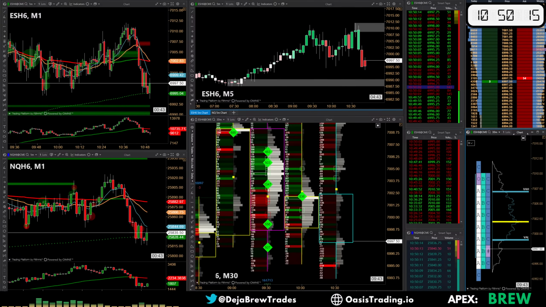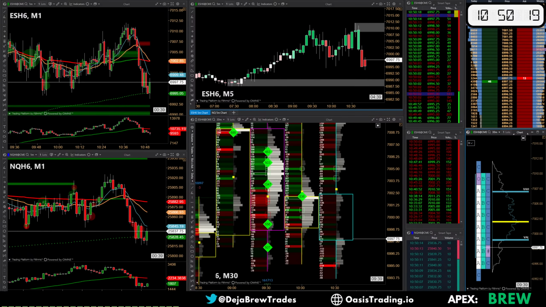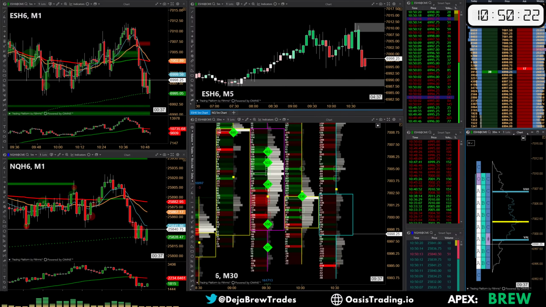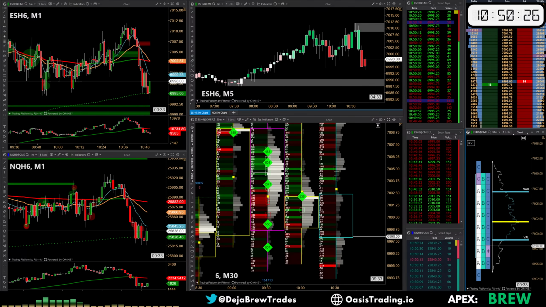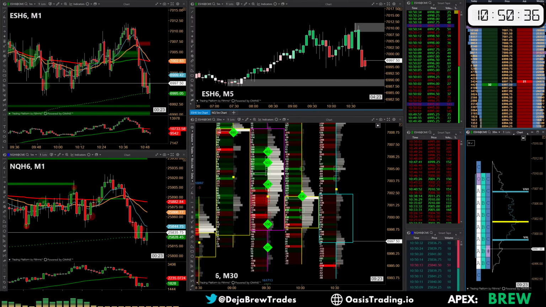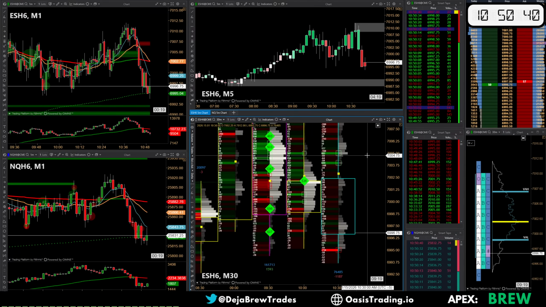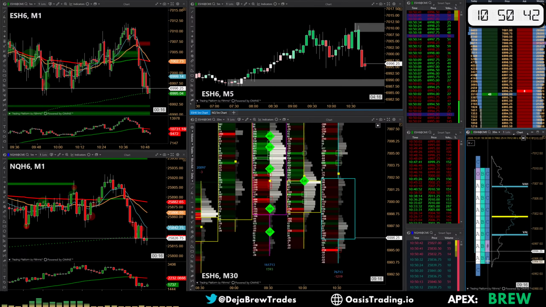Then the third one was the very fast one where it gives you that very strong push into VWAP, but then it rejected VWAP anyway. So you had 3 very distinct variations, which was pretty cool. Yeah, they all gave you like 40 points, which is insane. Very good day to be a VWAP trader yesterday.